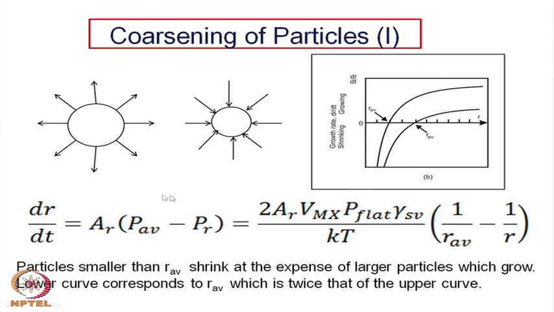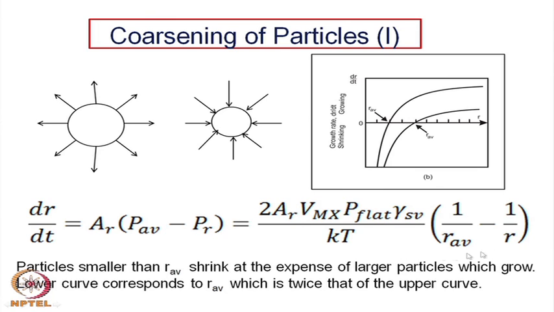So, if you plot this dr/dt as a function of r, we get a curve like this, okay, and this is what we call R average, that is the intersection of this curve with the x axis. This is the x axis which is 0, this is positive, that means the particles will grow here and the particles will shrink on this side.